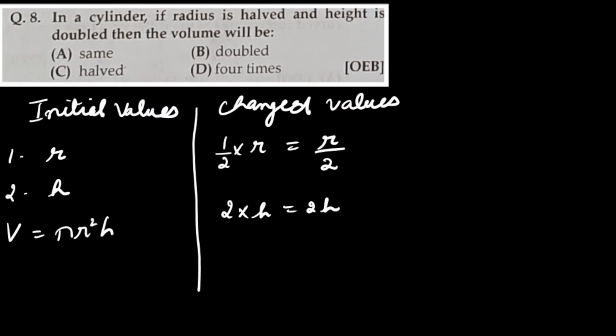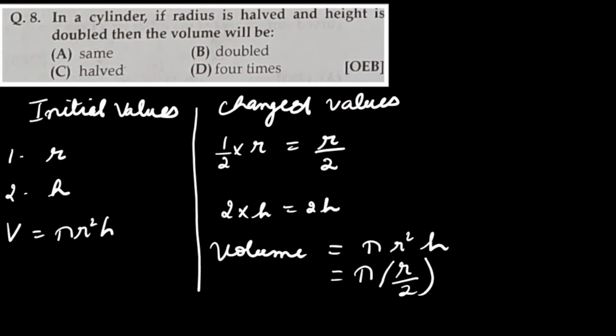So what will be the volume? First of all, we apply the volume formula, pi r square h. I'll substitute the values: in place of r, its new value r by 2, and in place of height, its value 2h.